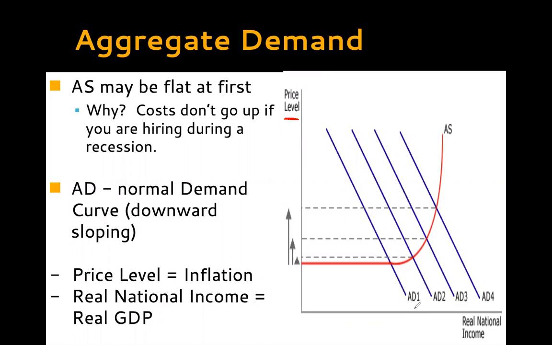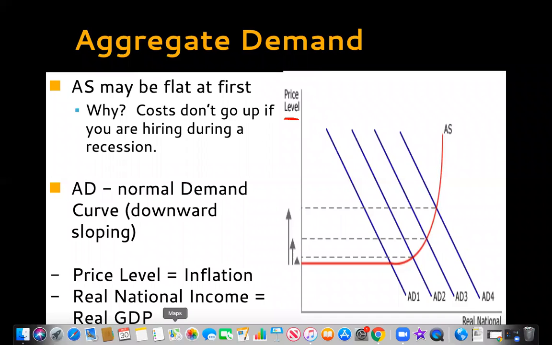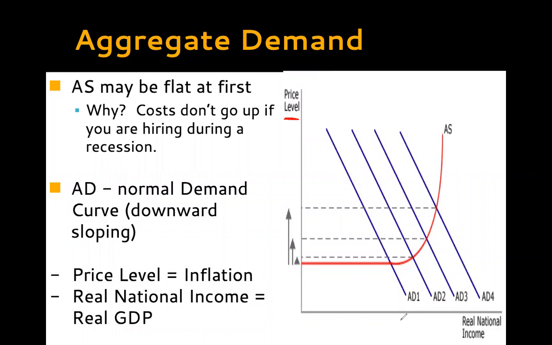Okay, and down here we have real national income, which is GDP. So when it comes to aggregate supply and aggregate demand, we're looking at what happens to prices, what happens to GDP, or how much money people are spending. Okay, how much people are buying. So the more people buy, the higher prices get.